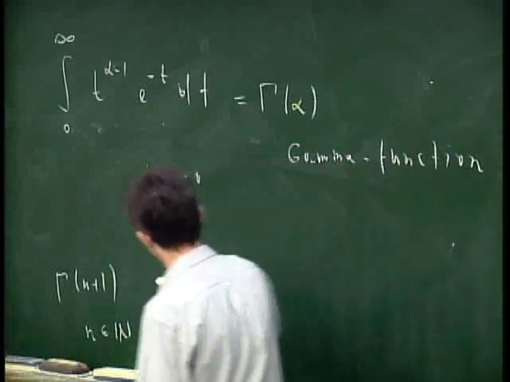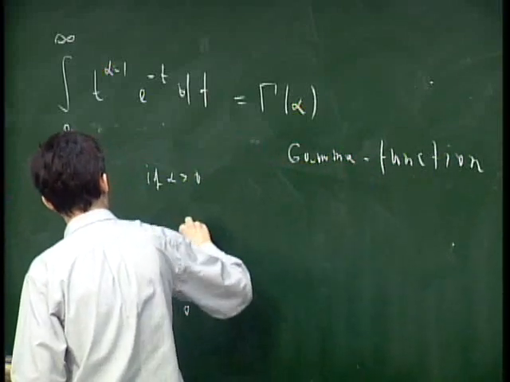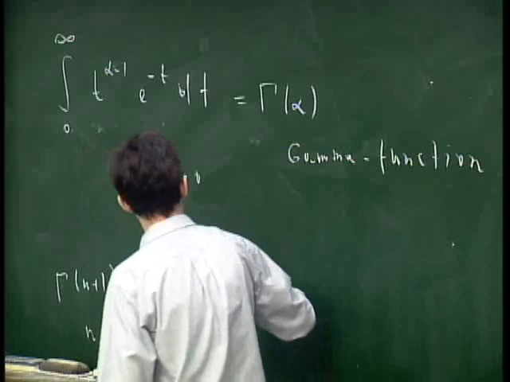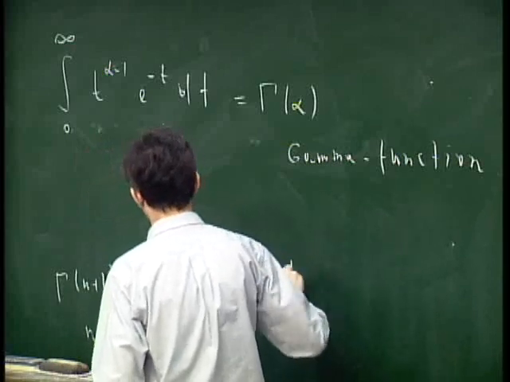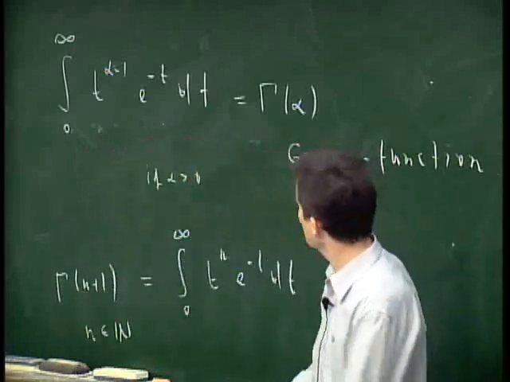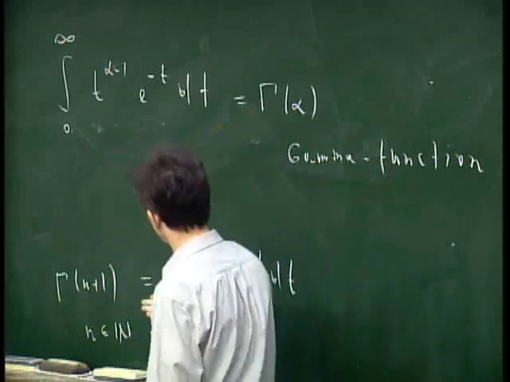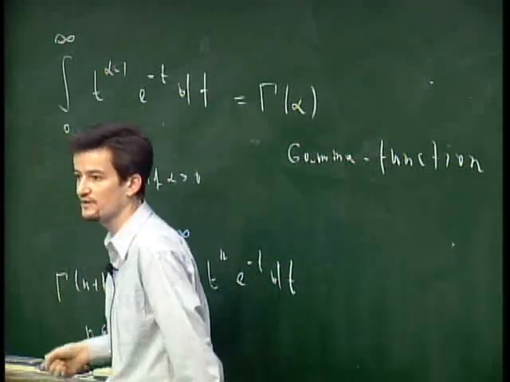In this case, you have the integral from 0 to infinity, t to the n, e to the minus t dt. So we plug in for alpha n plus 1, and we are interested in the value of the gamma function at n plus 1.